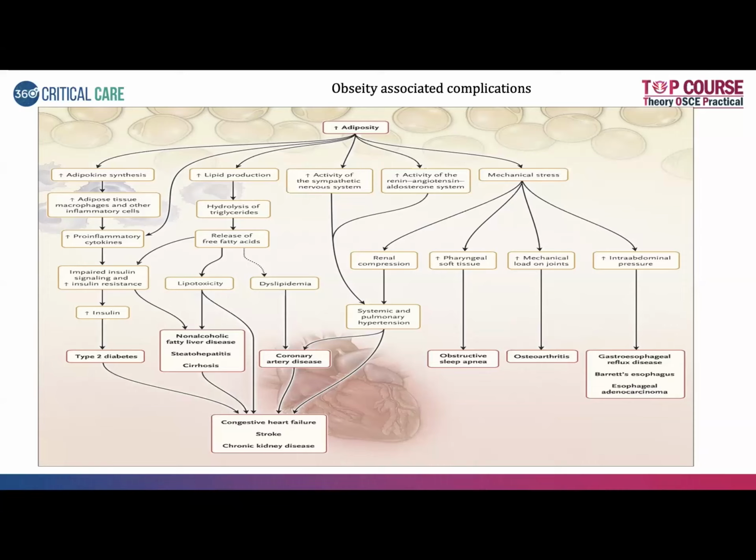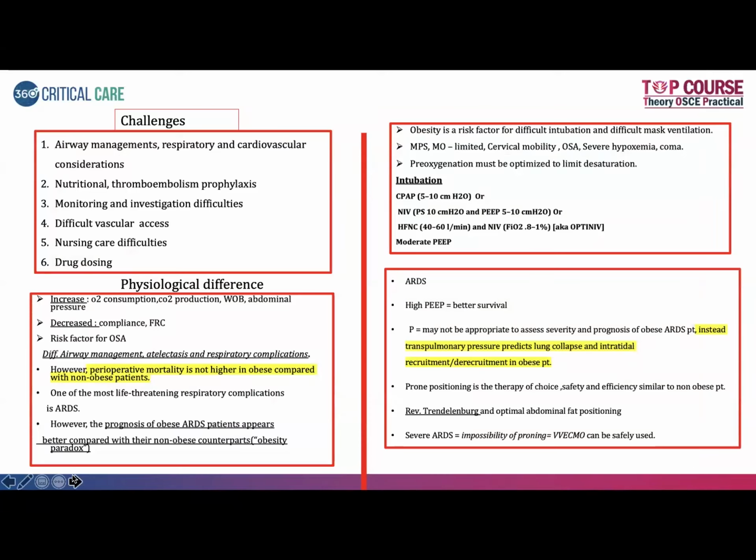Mechanical stress, because of the weight as such, puts more pressure on the joints, resulting in osteoarthritis. Increase in the pharyngeal soft tissue causes obstructive sleep apnea, and increased intra-abdominal pressure poses a risk of GERD and Barrett's esophagus.